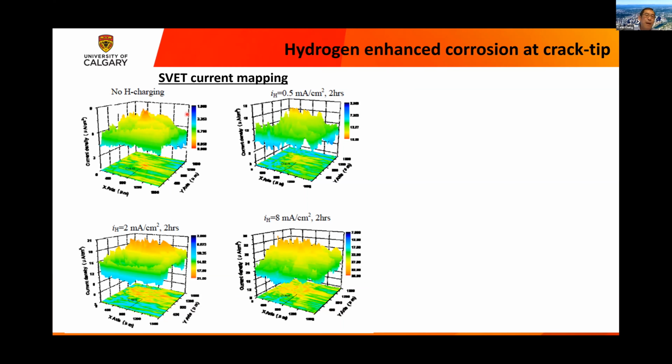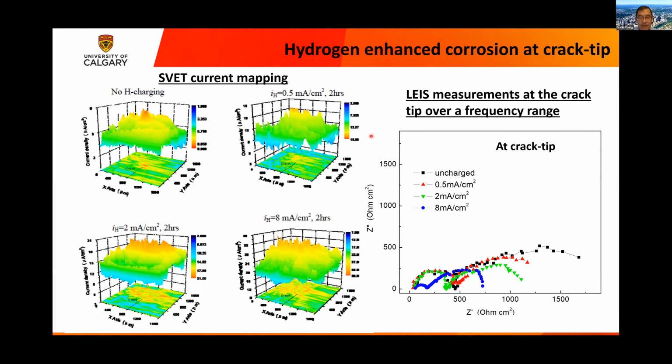So we can use the micro-electrochemical technique to measure when the metal is introduced to hydrogen with different concentrations, and then the crack tip can suffer from different corrosion rates. So we can exactly measure the hydrogen-induced corrosion rate at a typical site, such as a crack tip with a micron scale.